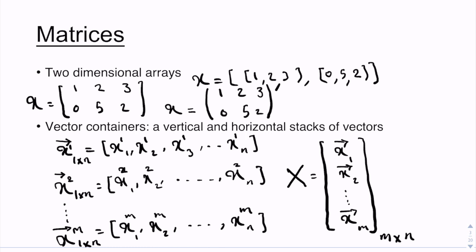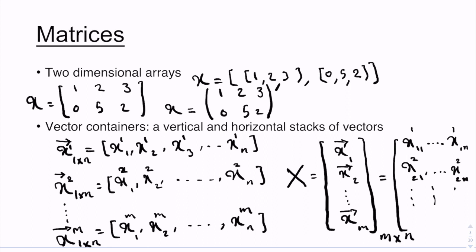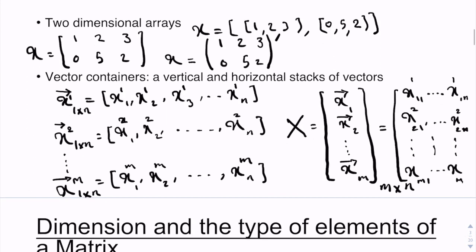And this could also be expanded to all elements of this matrix: x11, going all the way to x1n, then x21, going all the way to x2n, and if you continue through all the rows, you get xm1, going all the way to xmn. Sorry, that's xmn.